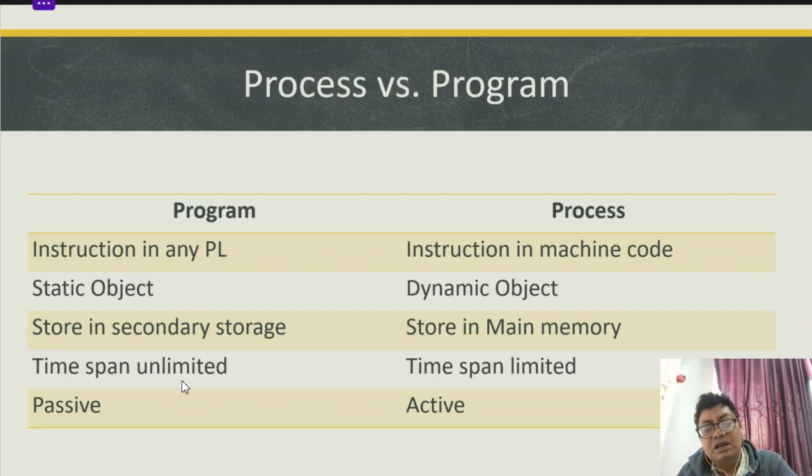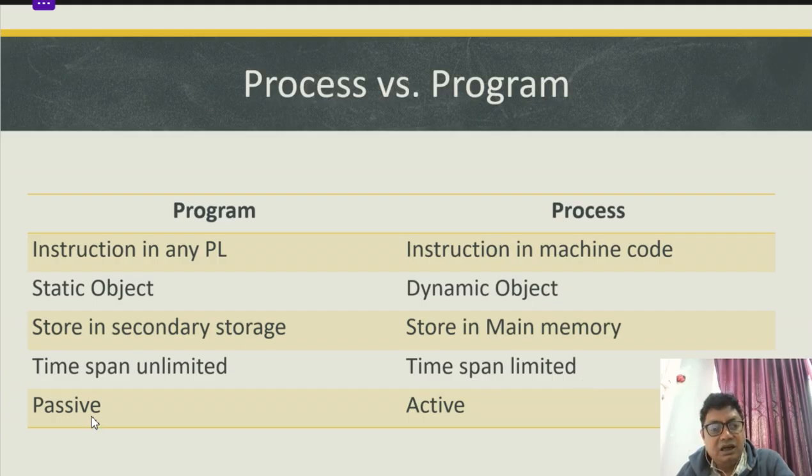So the time span is unlimited. But a process is stored in the main memory. If it is shut down, then the process will die or terminate. So the time span of the process is very limited, because main memory cannot save the data.